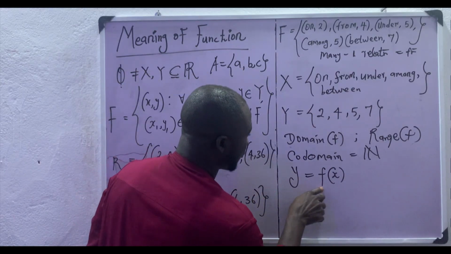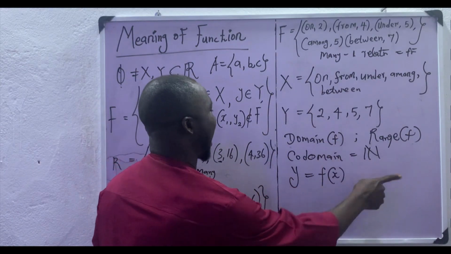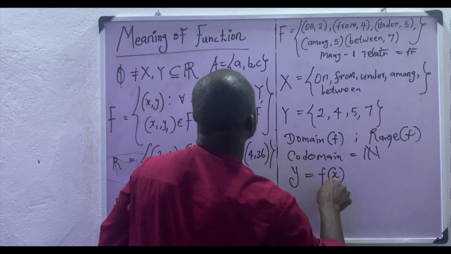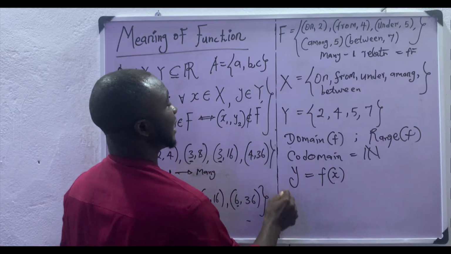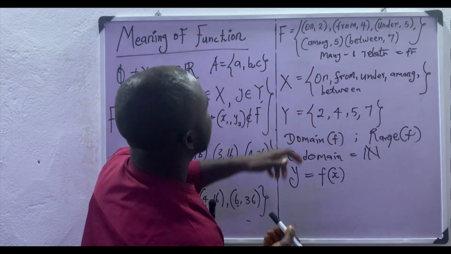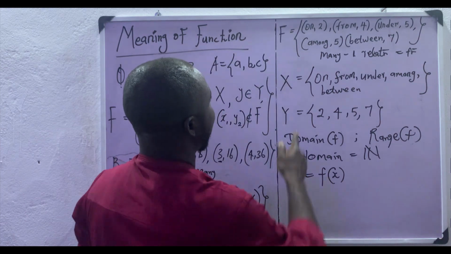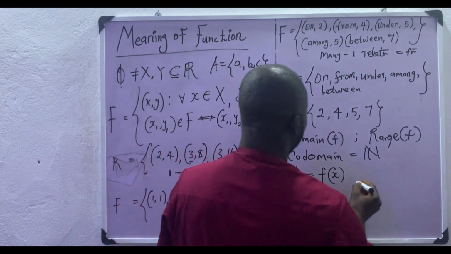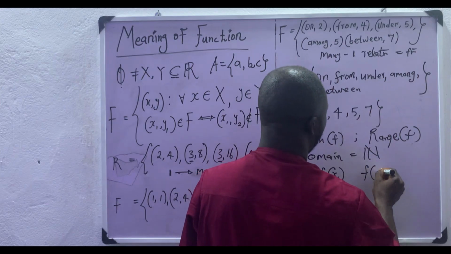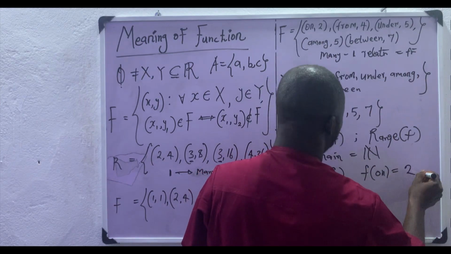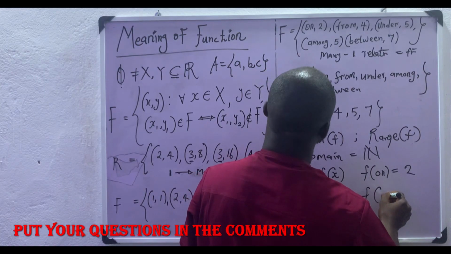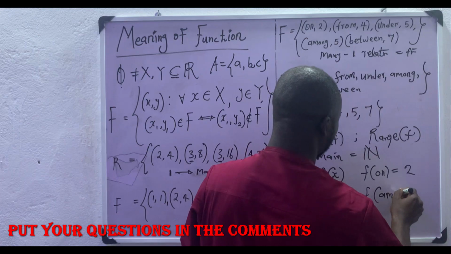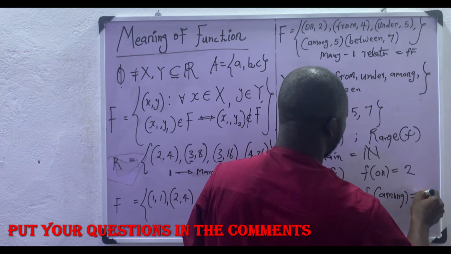Here, this f, which is the function, will assign this variable x from its domain to this variable y in its range. In this case, for example, we can express this to say that f of on is equal to 2. We can also say that f of among is equal to 5.